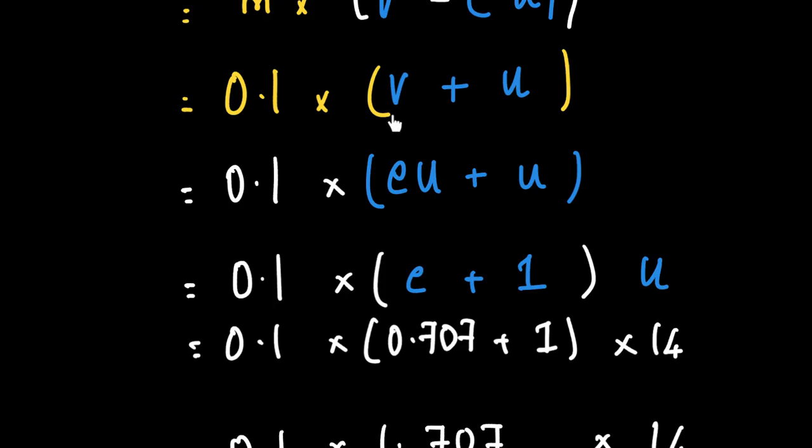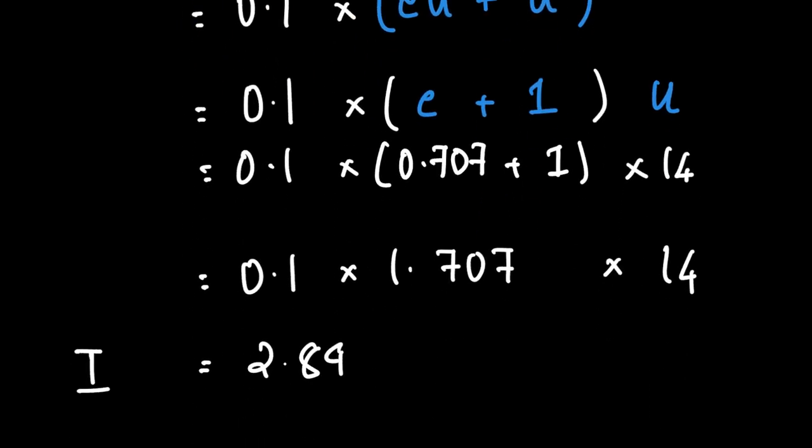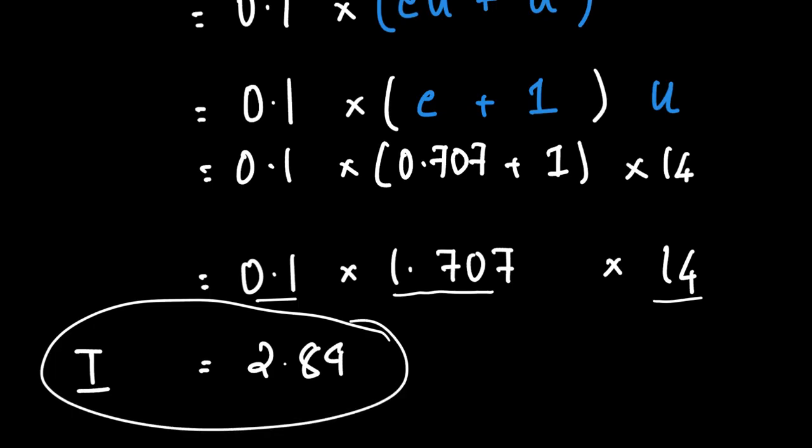So this gives us v plus u. What is v? e times u. Taking u common, u times 1 plus e. What is e? 0.707. 1 plus 0.707 is 1.707 times 14 times 1, which gives us I is equal to 2.89.